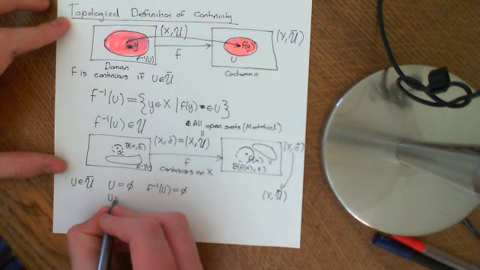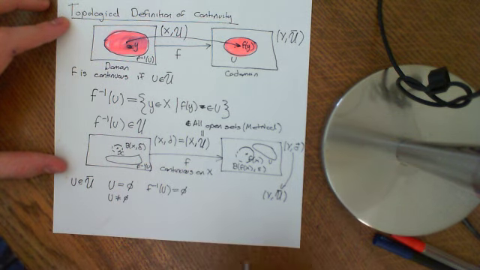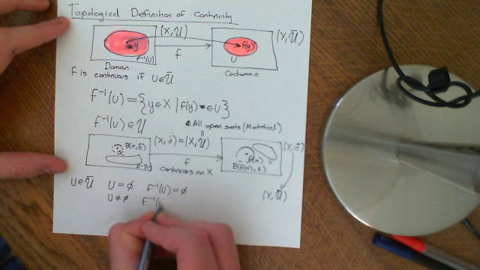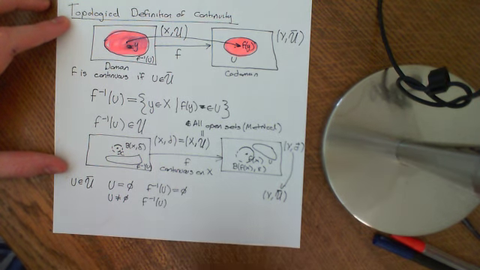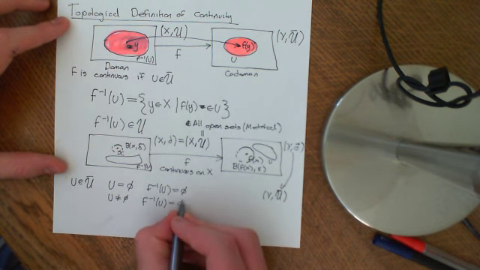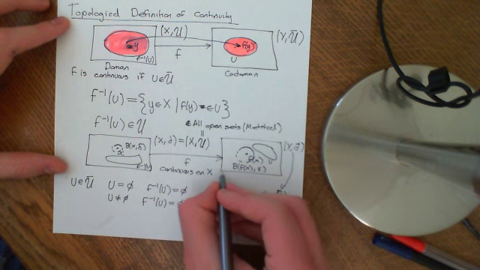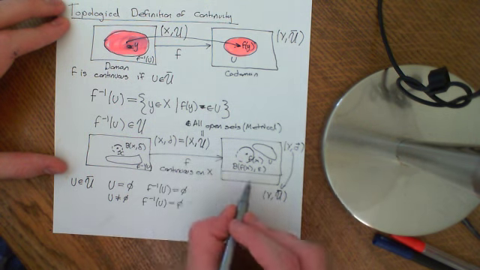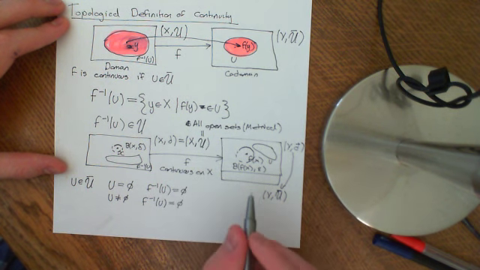Alternatively, U might not be the empty set, and then again there are two possibilities. f inverse of U could be empty. There could be absolutely no elements which are mapped onto it. I.e., the map might not be onto. The map might not be surjective.